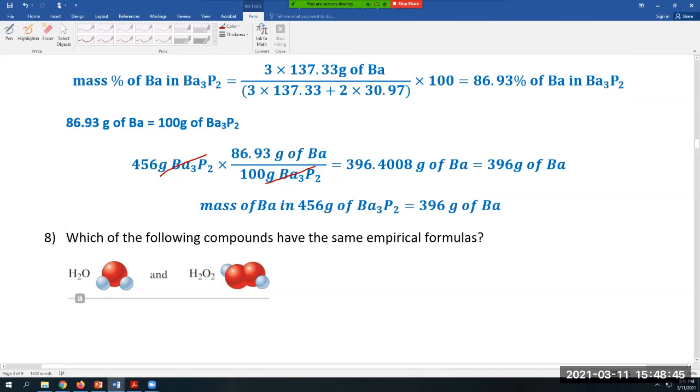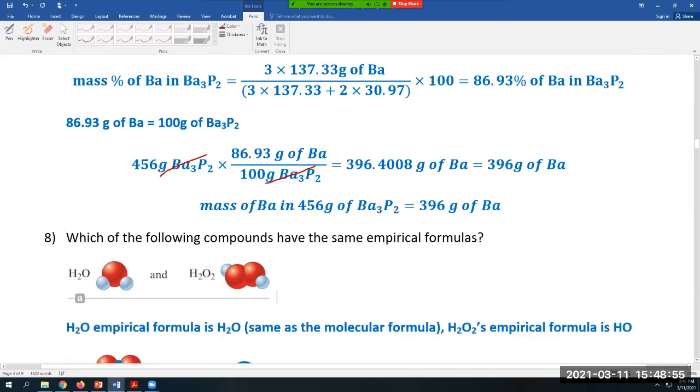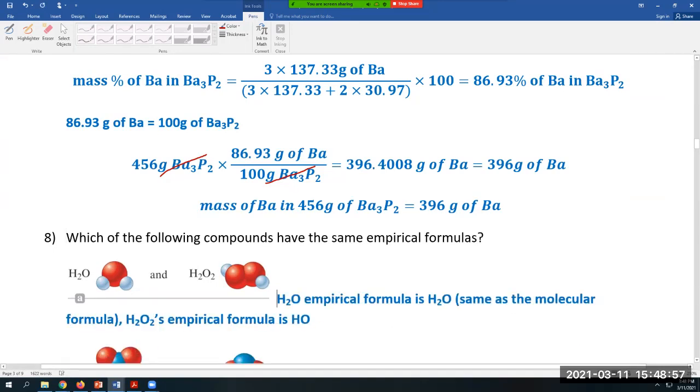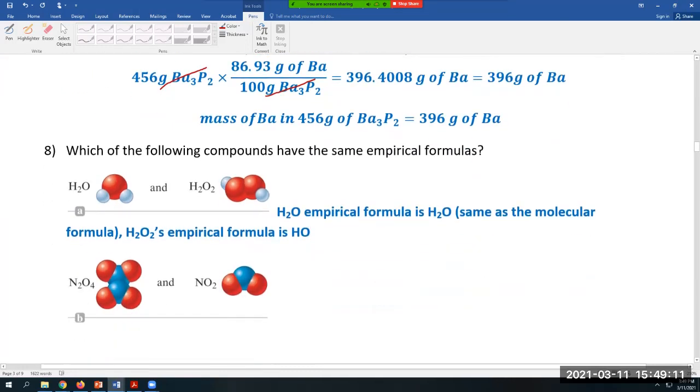So you can simplify them by dividing them both by 2, and you get HO, just 1 and 1. So that's the empirical formula for H2O2: HO. So which of the following compounds have the same empirical formula? It's not this pair. Let's look at the next pair.